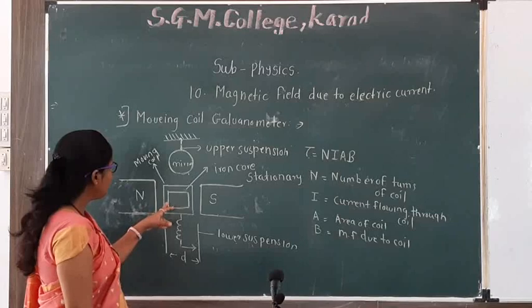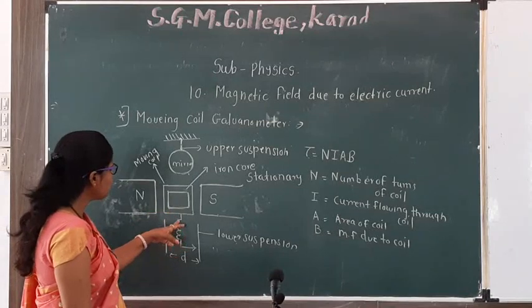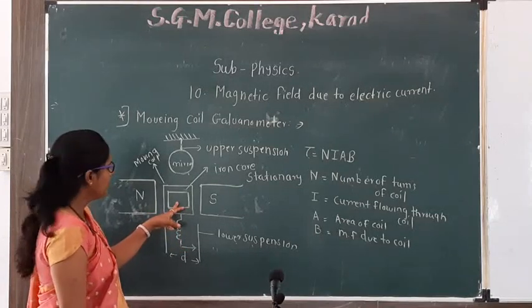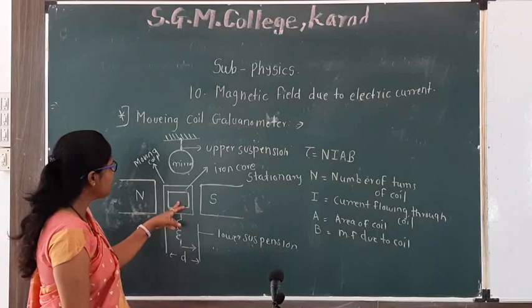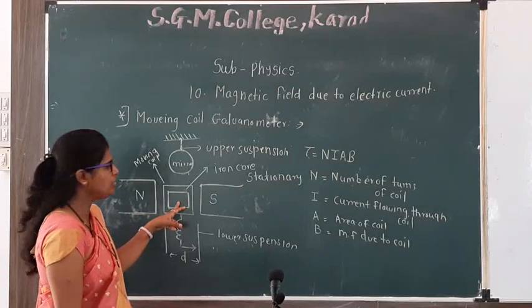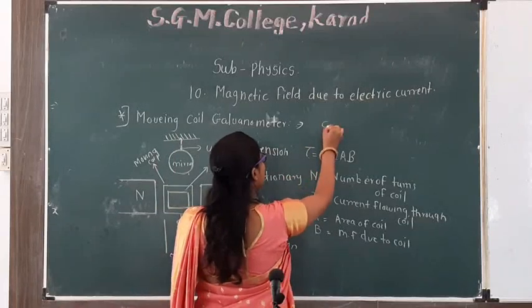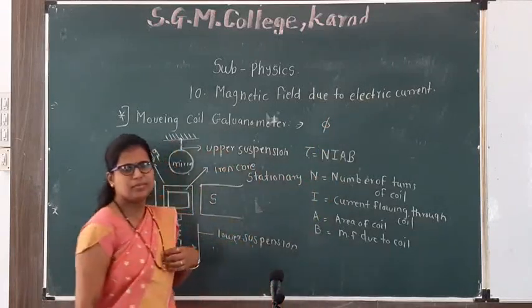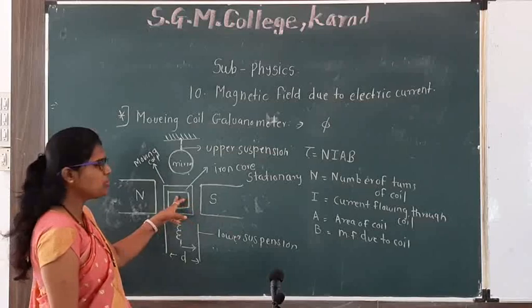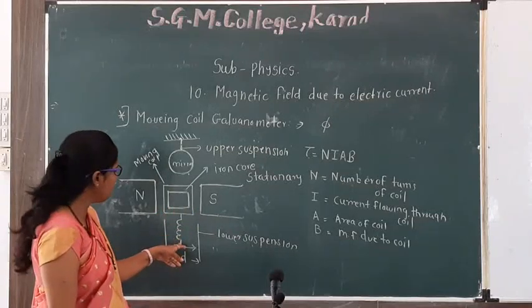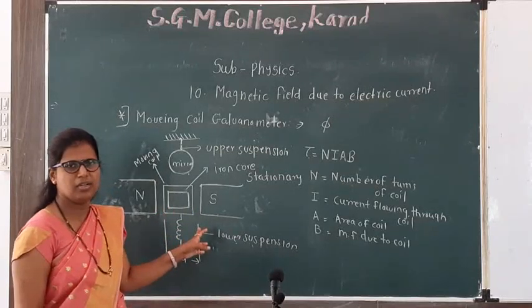Here, when a steady current flows through this moving coil, we get a steady deflection phi inside the coil. Steady means constant current.